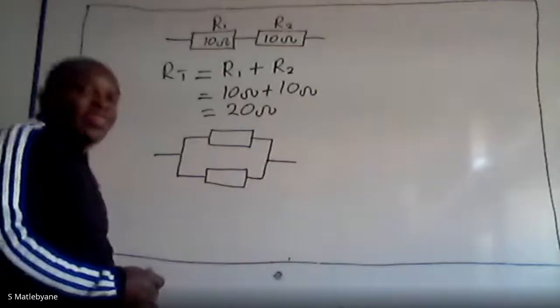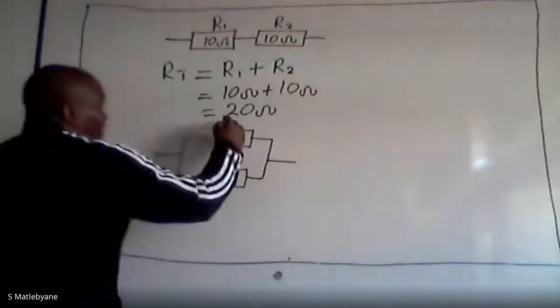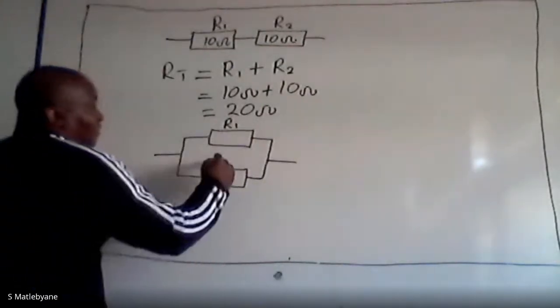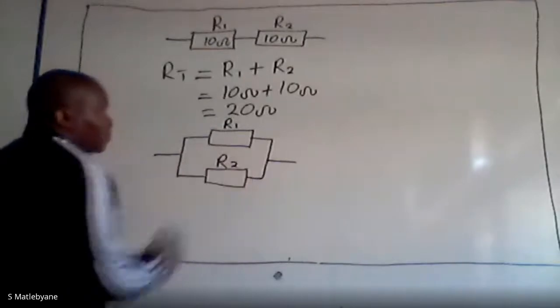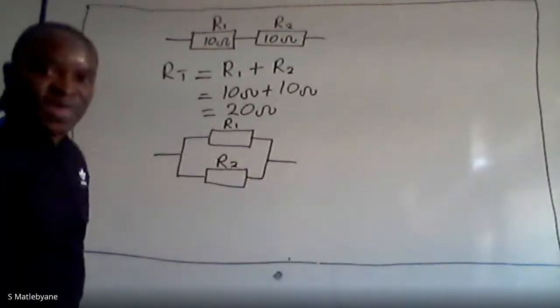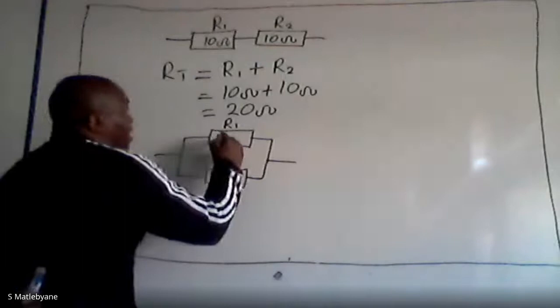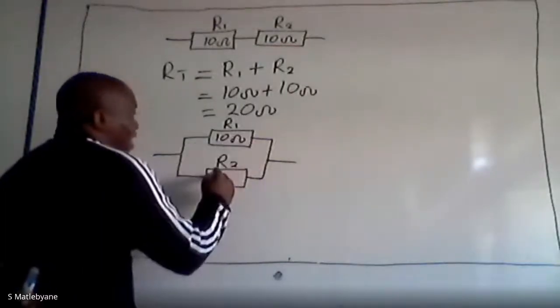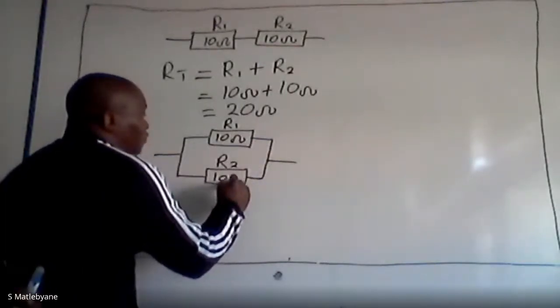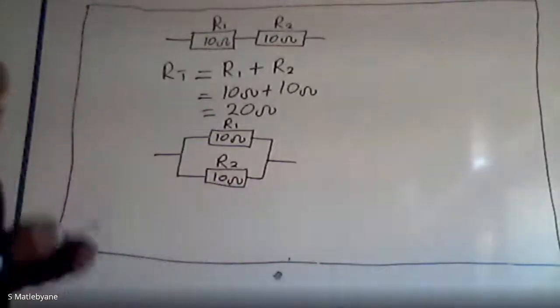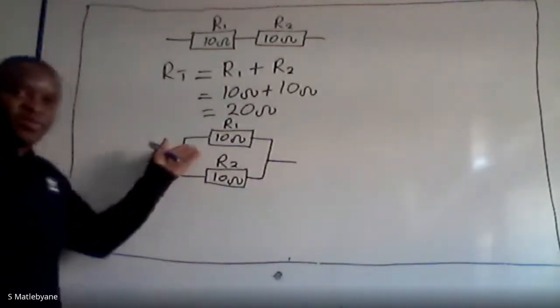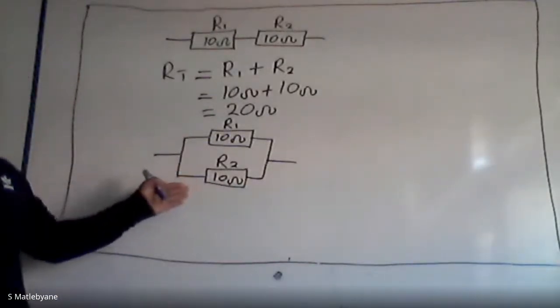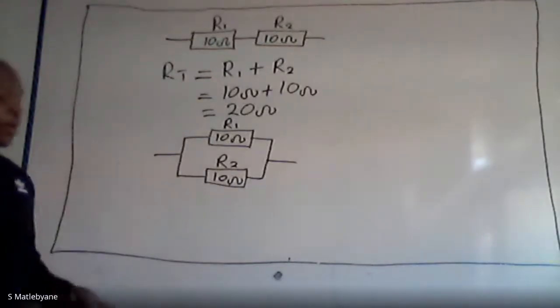Thank you. Then let's say this is R1 as well, and this is R2. I'm going to take the same values, 10 ohms and 10 ohms. Now, you are given resistance like this, and they say calculate the total resistance.